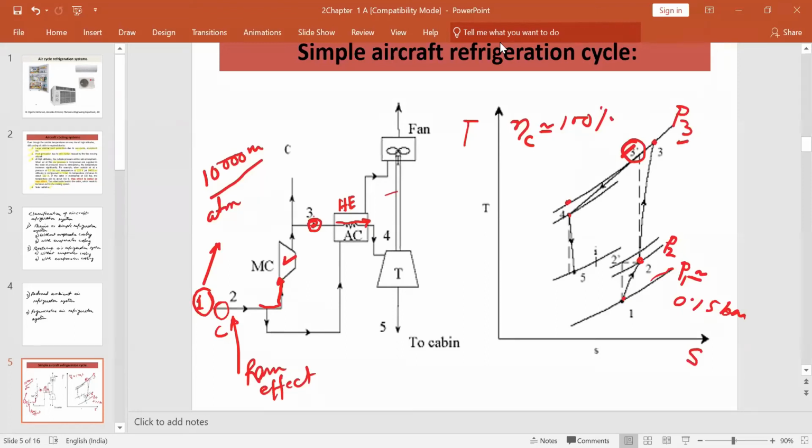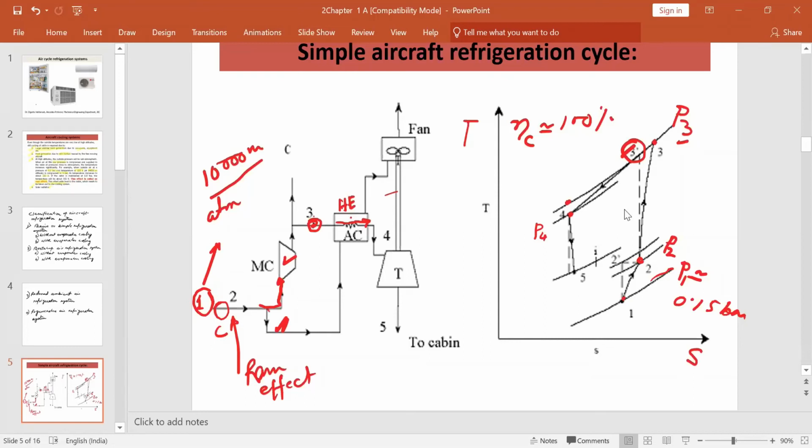But if there is a pressure drop in the heat exchanger, then your pressure will decrease to P4. We are assuming that there is a pressure drop while the air is passing through the heat exchanger. From P3 to P4, the temperature decreases. Now how is the heat exchanged? This is a high temperature air, and at this point here, the temperature is low.